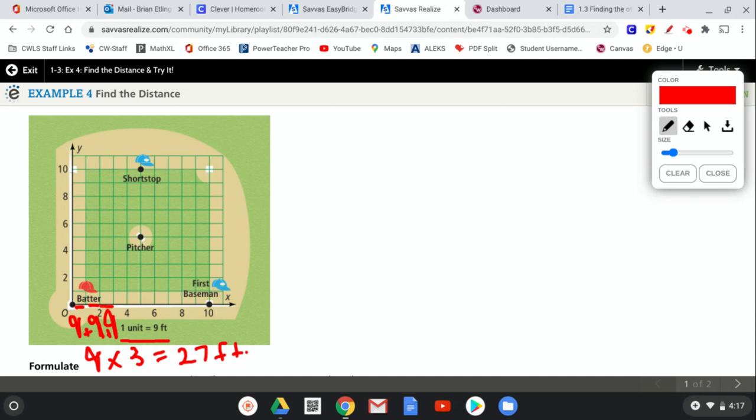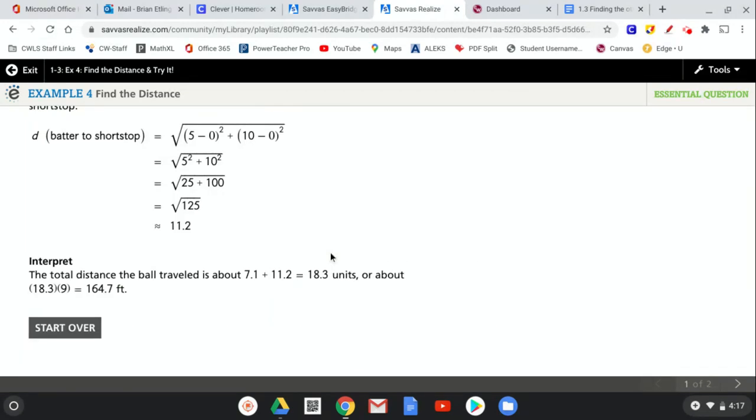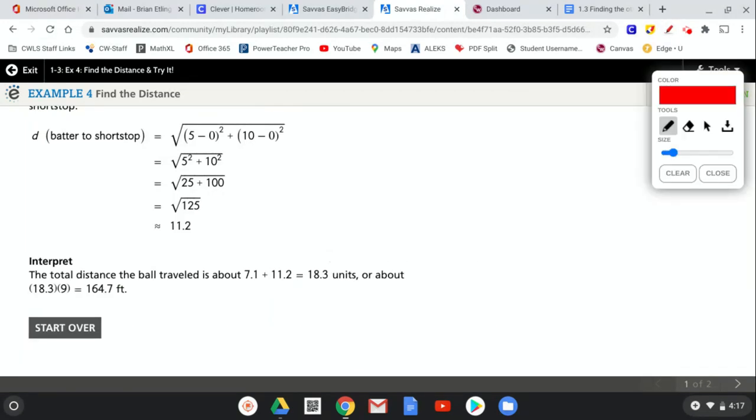So all we have to do is, we figured out that we traveled 18.3 units. We know that 1 unit is equal to 9 feet.